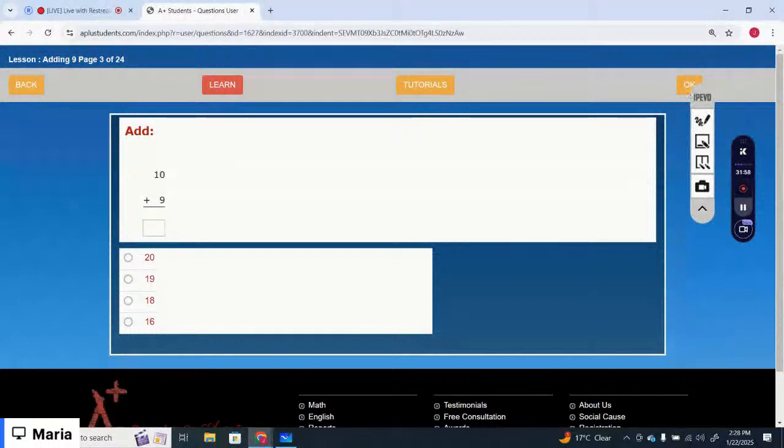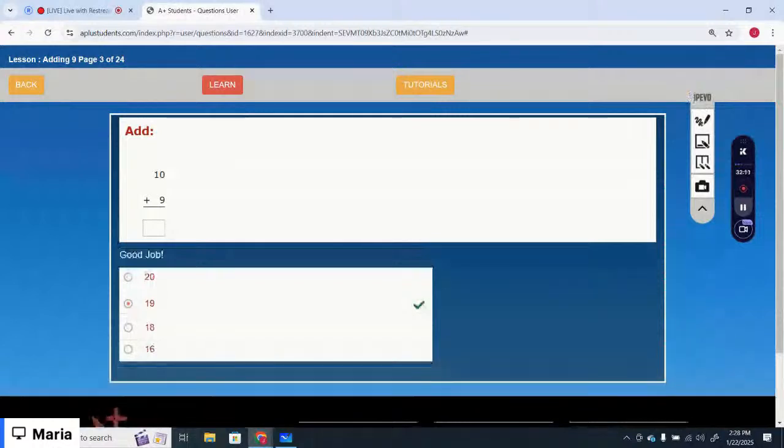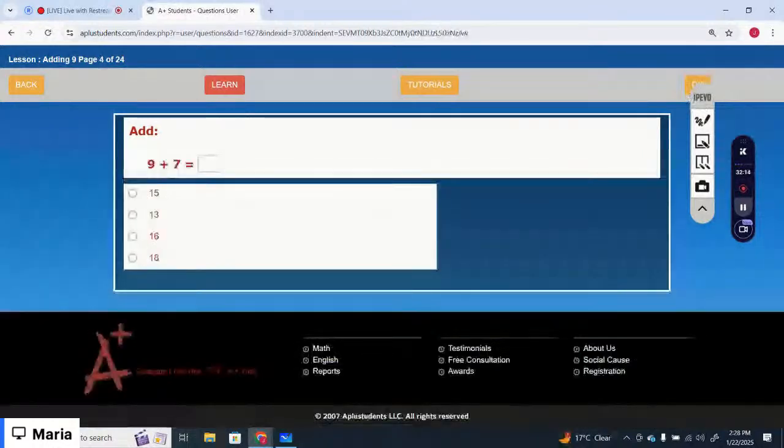10 plus 9 makes 19. The correct option is 19. 9 plus 7 makes, start with 9, count up 7.